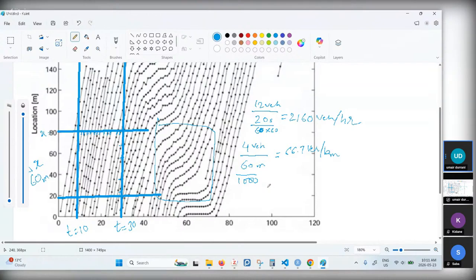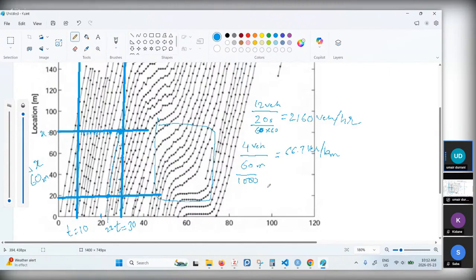So for example, let's select this one, which has a trace on top of it. This is the time. Since this is 20 seconds, this may be about 22 seconds. And this one is very close to 30. Let's say this is 28 seconds.